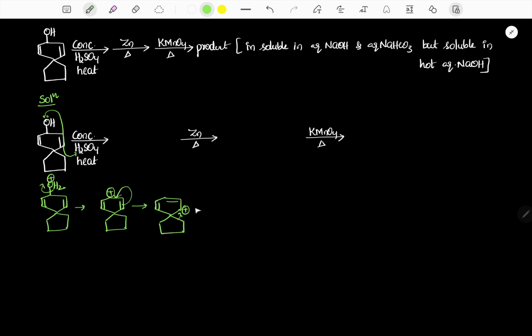Now it undergoes ring expansion and forms the corresponding carbocation like this. Now it loses a proton, and finally we get the corresponding product like this.